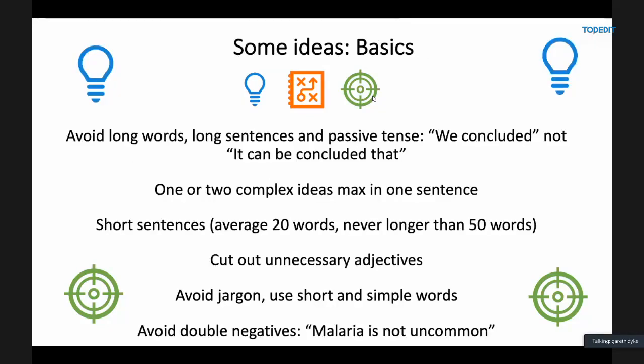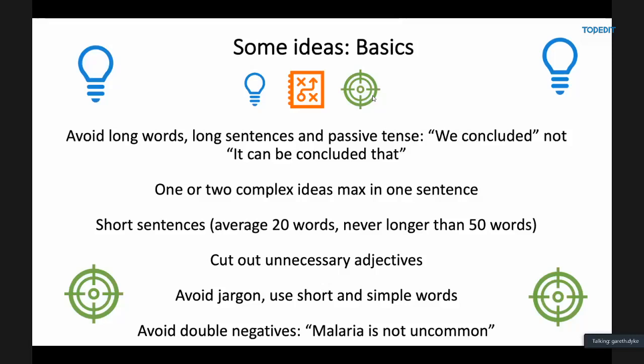So some basic ideas about effective language communication skills for you in English. Avoid those long words, long sentences, and passive voice. We conclude rather than it can be concluded that. I did, we did, our team did. First person active voice.